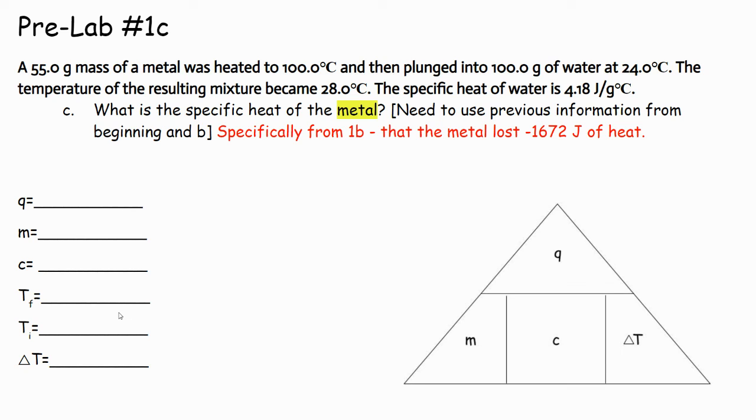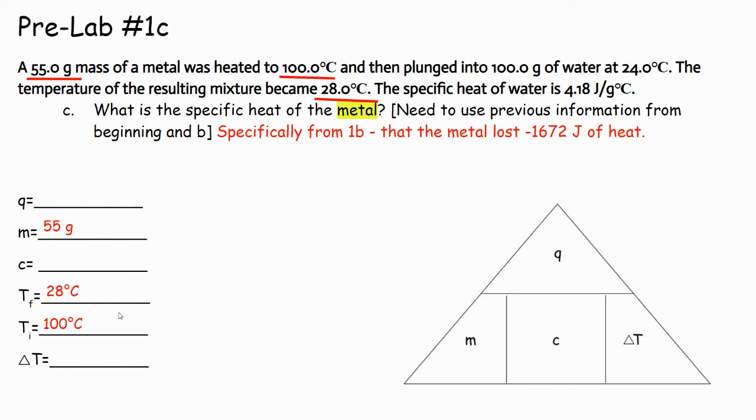So 55 grams, because now we want the metal. The metal's final temperature, remember both of them were 28 degrees Celsius. However, its initial temperature was 100. So it was heated to 100 and then dropped into colder water, which made its temperature decrease, but the water's increase.